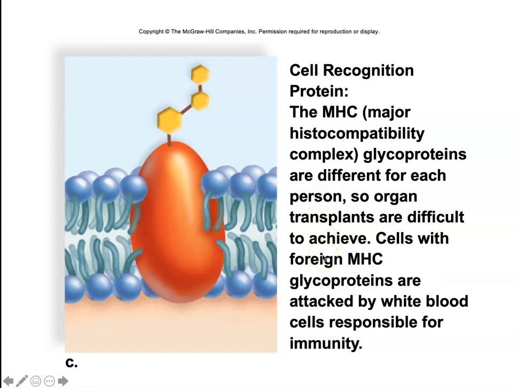So if you get an organ transplant, it's difficult because a lot of times your body will reject that organ because the body can identify it as not being from the same body, as being foreign. So these glycoproteins are necessary as identifiers. It says cells with foreign MHC glycoproteins are attacked by white blood cells, and that's responsible for immunity. Usually that's good, but if you're talking about an organ transplant, it makes things very difficult.